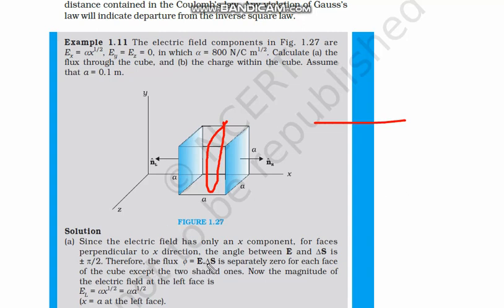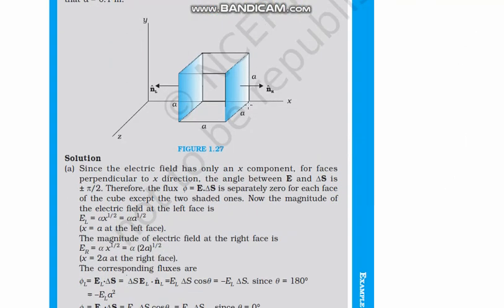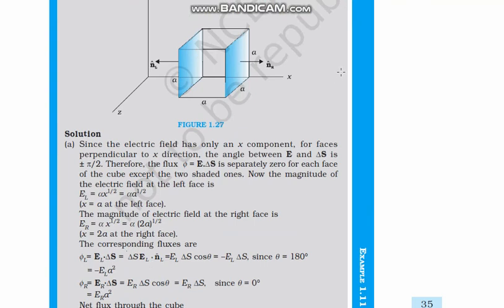Therefore, phi equal to E dot delta S is separately 0 for each face of the cube except the two shaded ones. So this one and this one, face 1 and 2, only these two are remaining, which do not have a 90 degree angle. Let us consider this as left face L, this is right face.